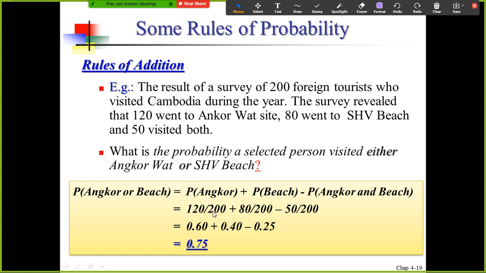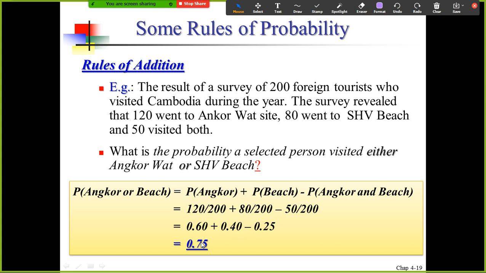So in this case, 120 over 200 is the probability of visiting Angkor Wat, 80 over 200 is the probability of going to the beach, and we need to subtract the probability of visiting both places.